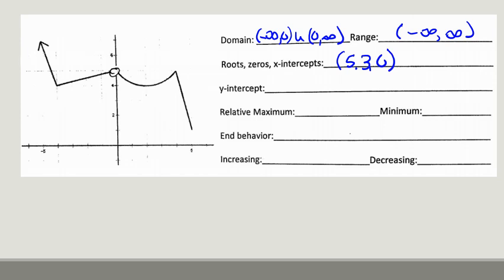There is no y-intercept because of that hole there. Our relative maximum is going to be this point right here, which is 5. Our relative minimum is our y value of 4.